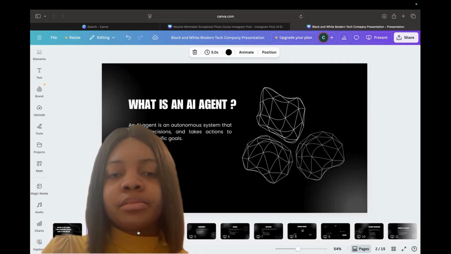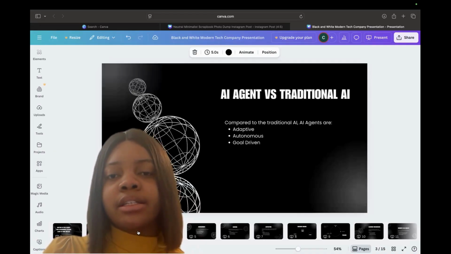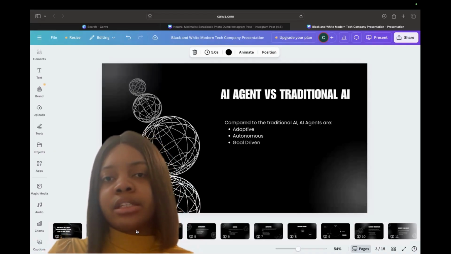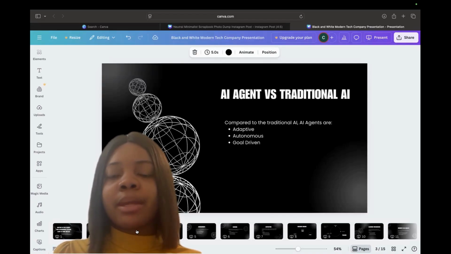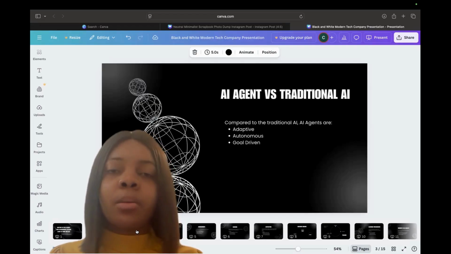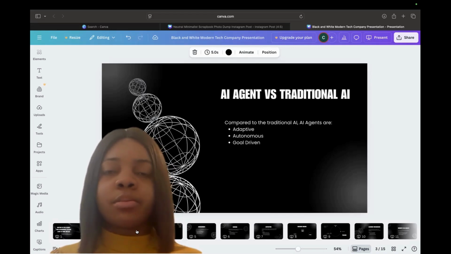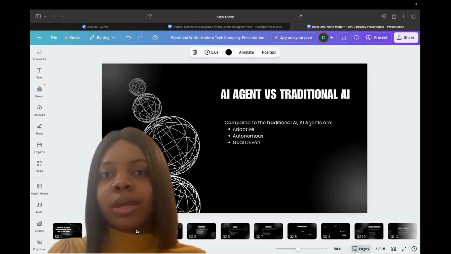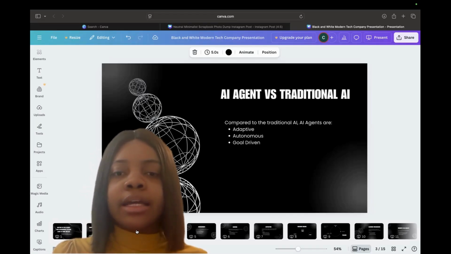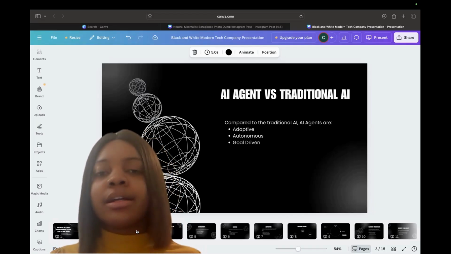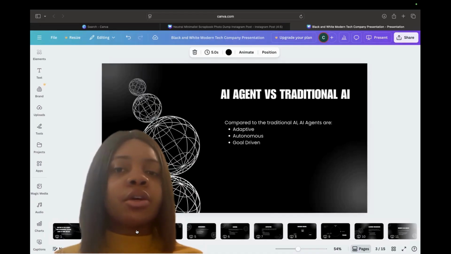And I would just like us to look at the differences between AI agents and traditional AI, the traditional AI that we are used to, whereby you're getting prompts, and for each of those prompts, you're getting a response based on the prompts you're given. Compared to the traditional AI, AI agents are adaptive, they're autonomous, and they're goal driven.